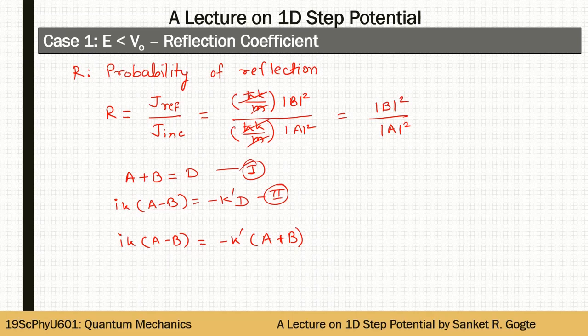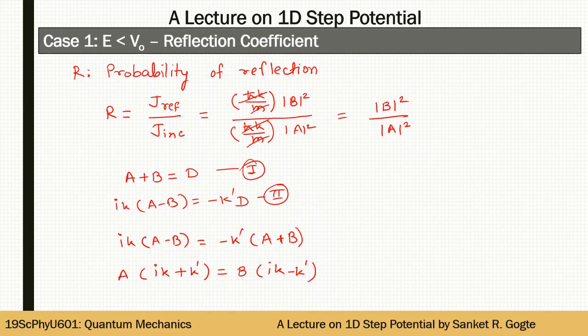Let's collect all the terms with A on the left hand side. So what I have is ik plus k prime, and on the right hand side I'll have the terms with B, which are with a negative sign now. Let's first write the positive term, ik minus k prime.